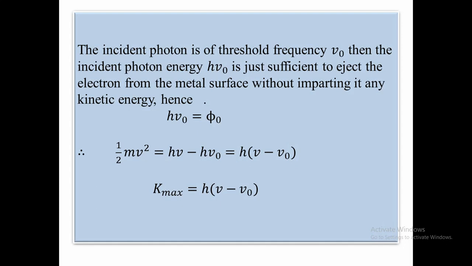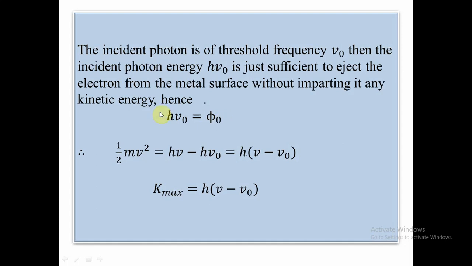This means the incident photon energy is exactly the required frequency nu naught, which is just required to liberate the electron from the metal surface. And the energy of that incident photon is h nu naught, which is completely used to liberate the electron from the metal surface. Therefore, h nu naught is equal to phi naught, which is another expression for the work function.